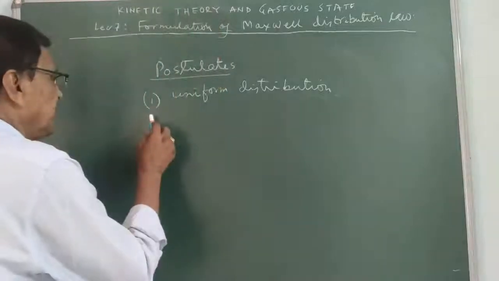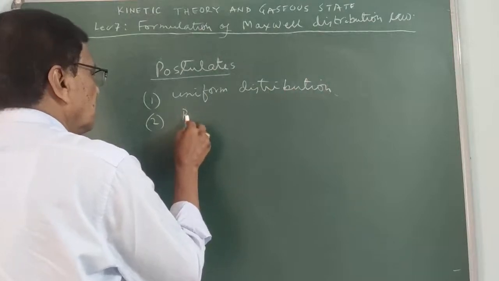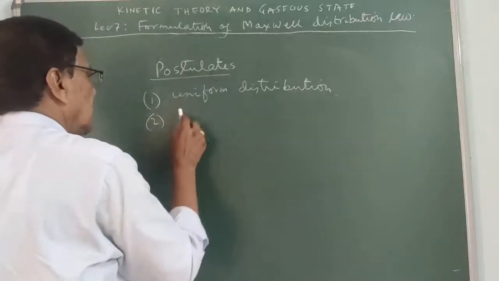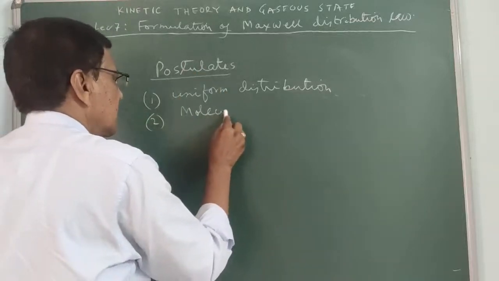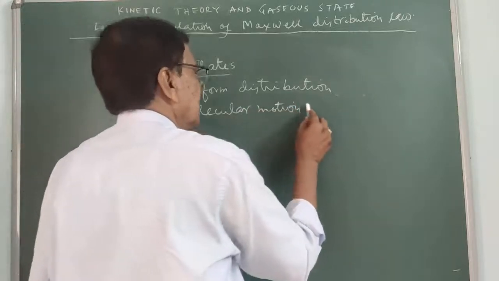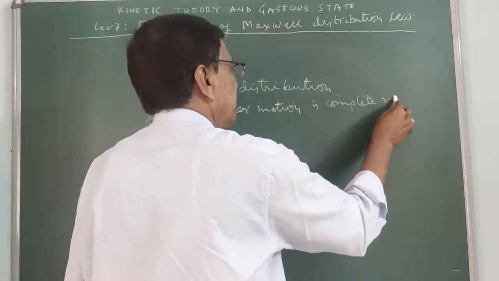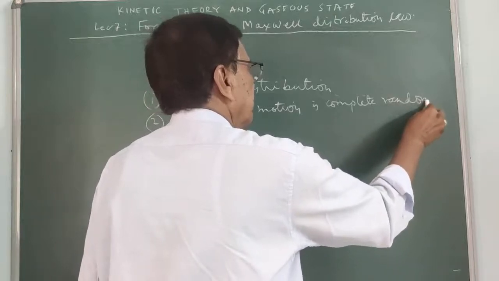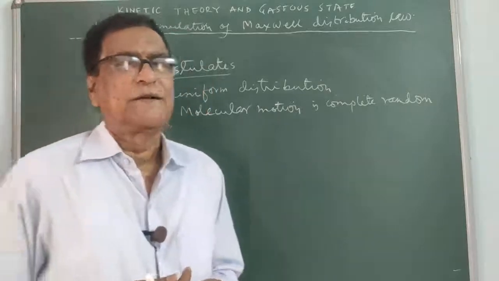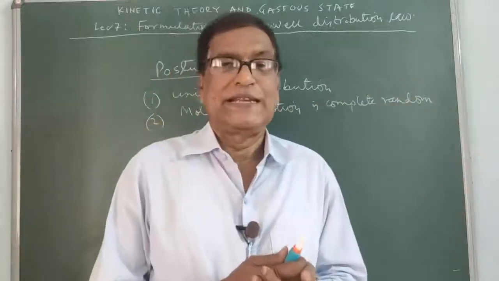And the second one, molecular motion is completely random. It means that the molecules can move in all directions with equal probability.